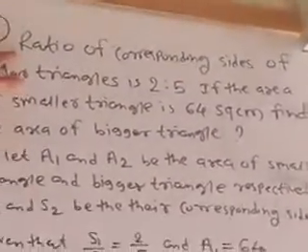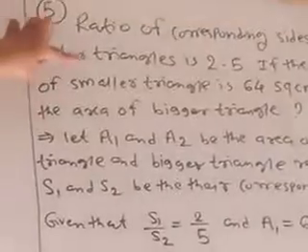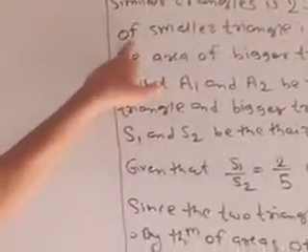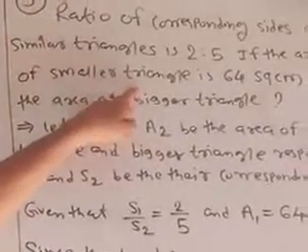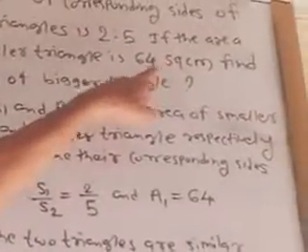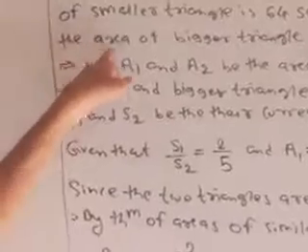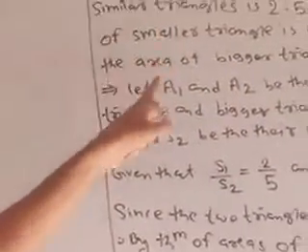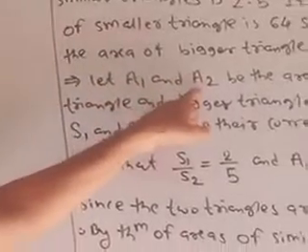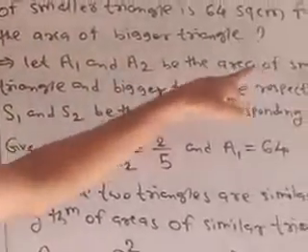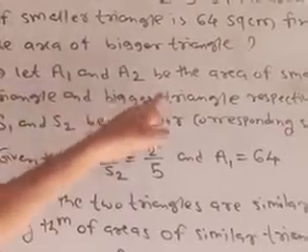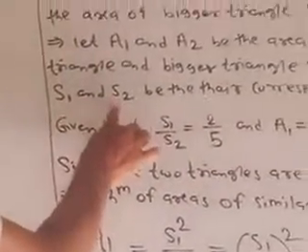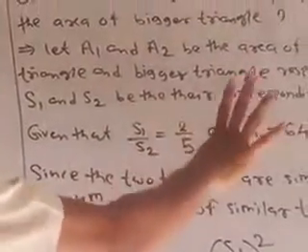Question number 5. The ratio of corresponding sides of similar triangles is 2:5. If the area of the smaller triangle is 64 square centimeter, find the area of the bigger triangle. Let A1 and A2 be the areas of the smaller triangle and bigger triangle respectively, and S1 and S2 their corresponding sides.